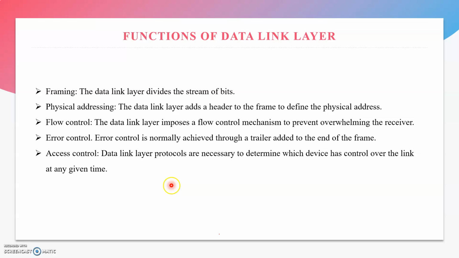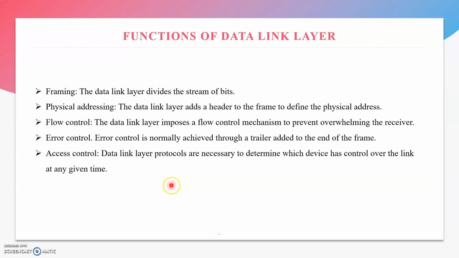The data link layer protocol determines which device has control over that link at any particular time. There may be many devices, but only a particular device has access to the frame. That is the meaning of access control when two or more devices are connected on the same link. Which device to give access to and which not to is managed by the data link layer.